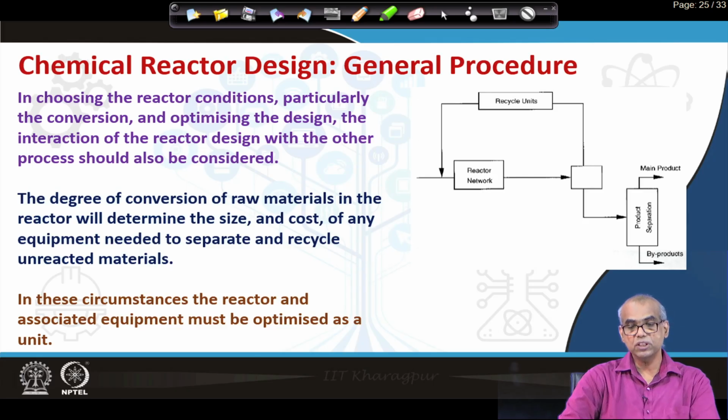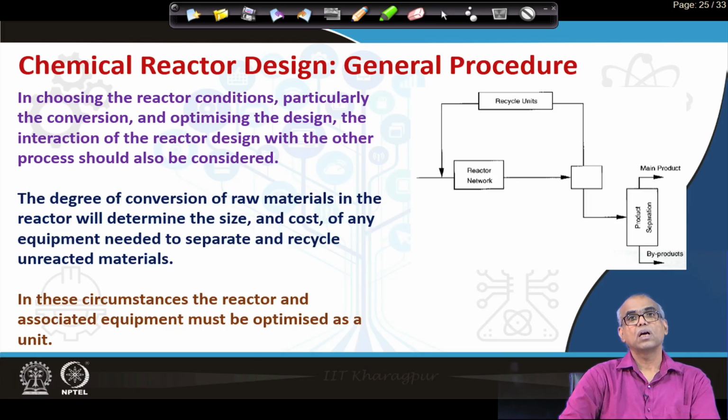The degree of conversion of raw materials in the reactor will determine the size and cost of any equipment needed to separate and recycle unreacted materials. So, the conditions in the reactor will heavily influence the recycle as well as the separation units.